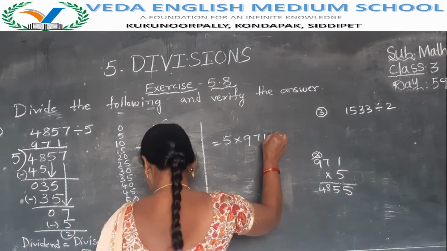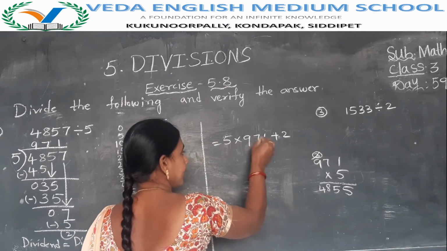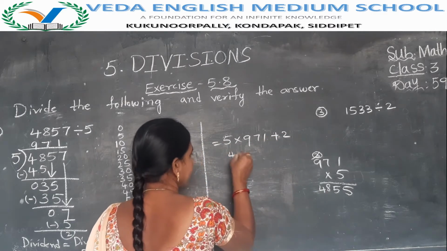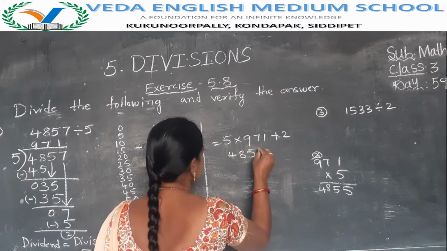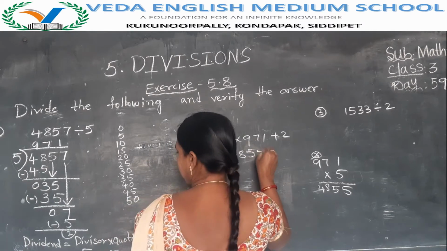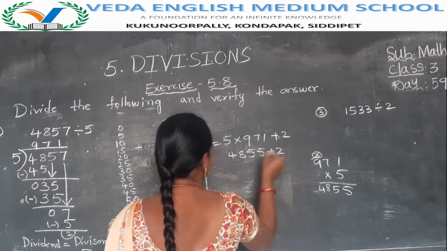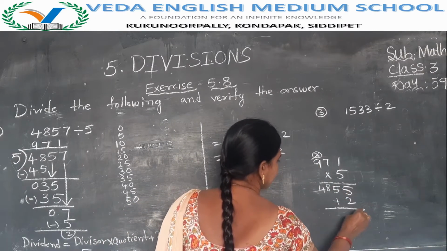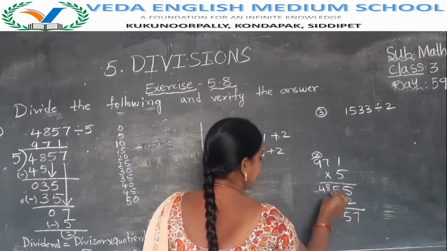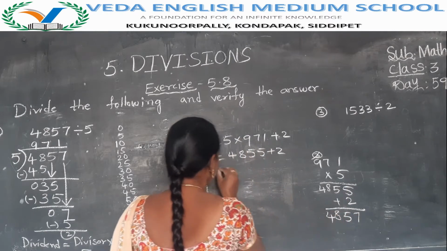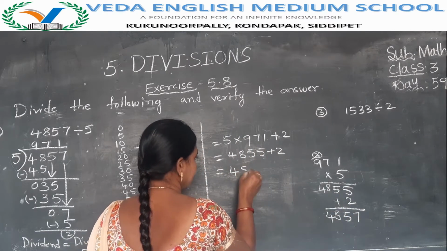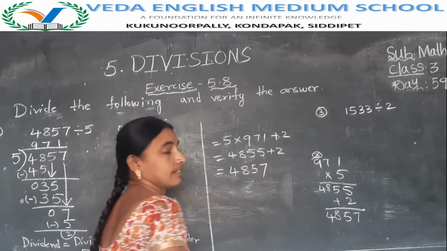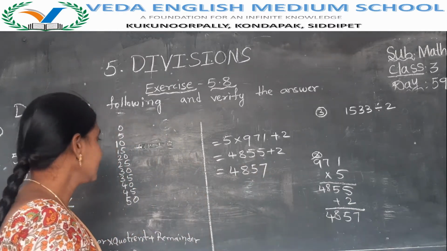So 5 into 971 is equal to 4855, plus 2. Next, add this one here. 5 plus 2 is 7, then 5, then 8, 4. The total answer is 4857. Okay children, this is the first problem.